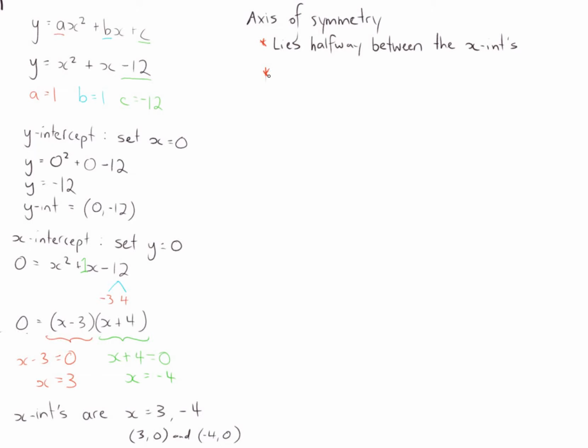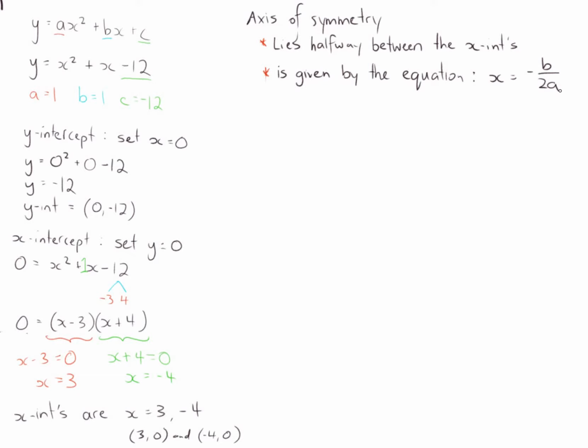However, if we don't want to do that, we can use an equation for the axis of symmetry, which is this: x equals negative b over 2a.